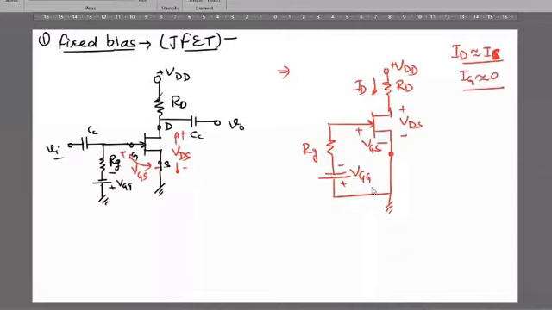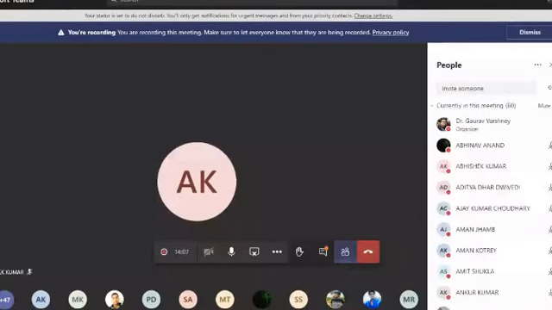So for DC analysis, this is the configuration, and this ID approximately remains IS because IG is approximately 0. So if this is the case, in that case, 60 candidates have joined only. Okay, so we can apply, and how we can achieve ID?